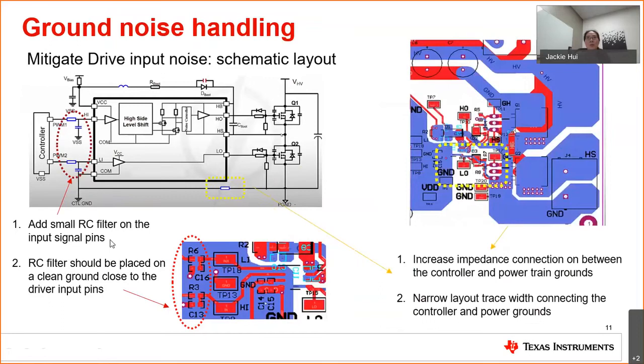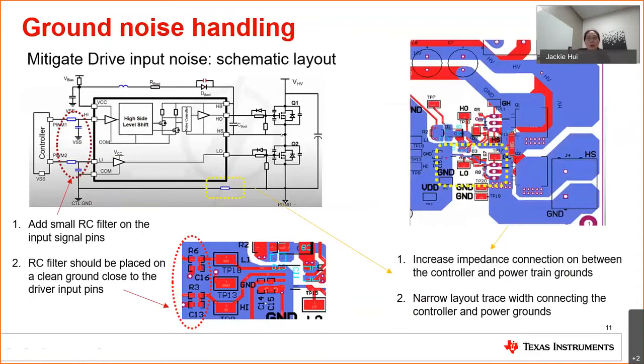Another option, going back to the layout, is to increase the impedance connecting the controller ground and the powertrain or your system ground. This can be done by carefully deciding how you want to partition your ground plane in your layout.